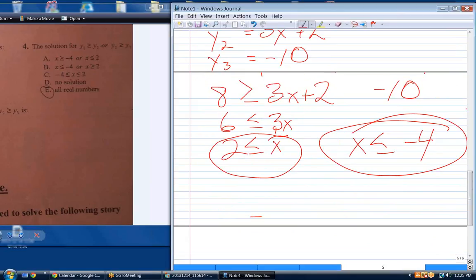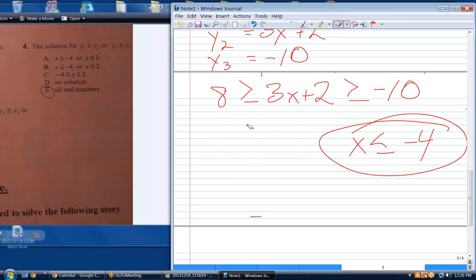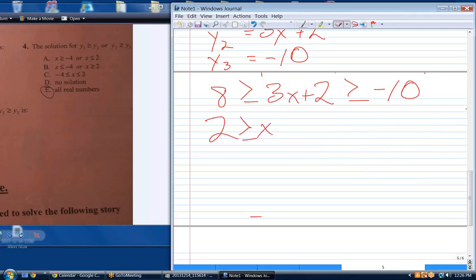Now, when you solve it, you're going to get x is less than or equal to 2. And on the other side, you're going to get x is greater than or equal to minus 4.